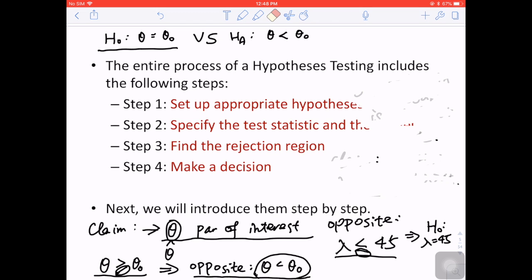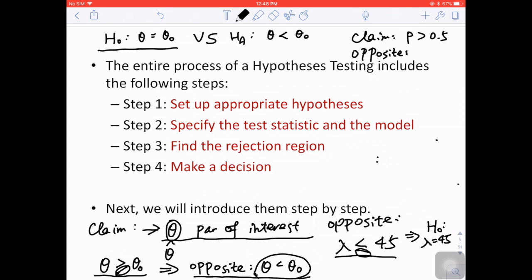All right, so I will give you some more examples. For example, say my claim about the sample proportion is P is larger than 0.5. Okay, so its opposite side would be P is smaller or equal to 0.5.